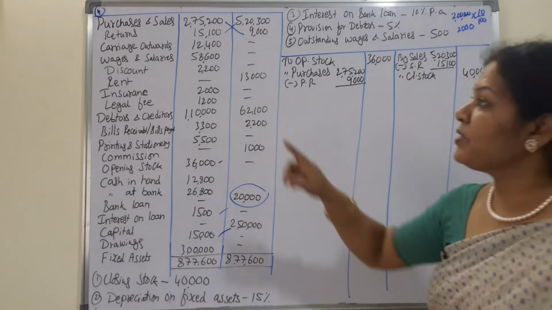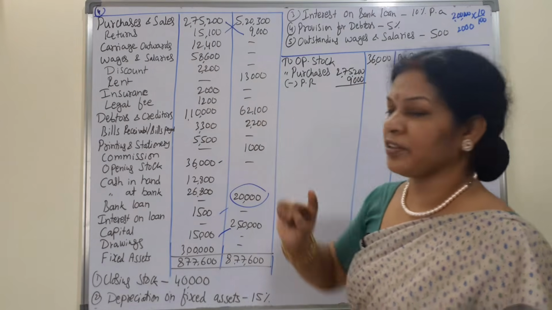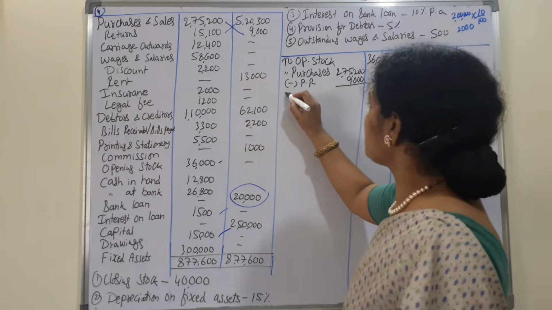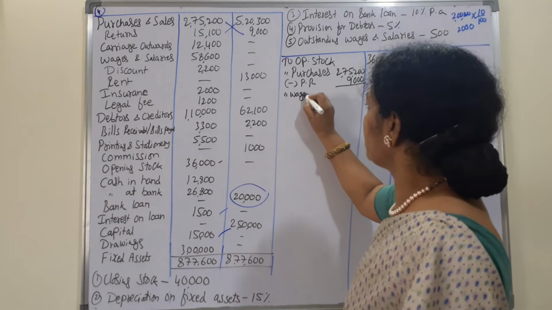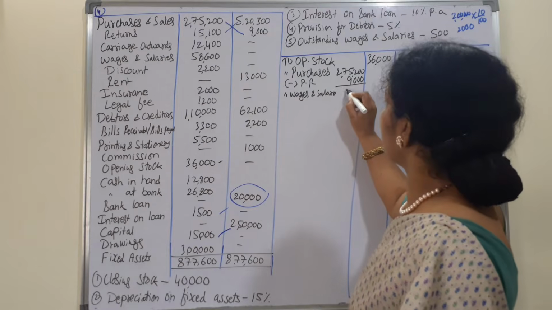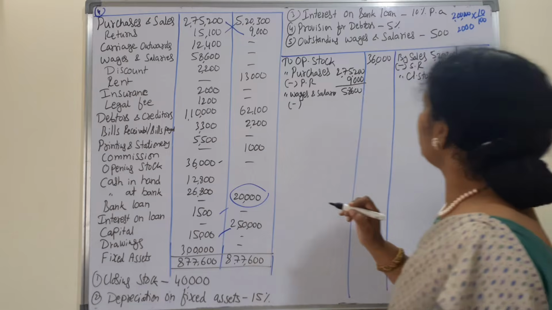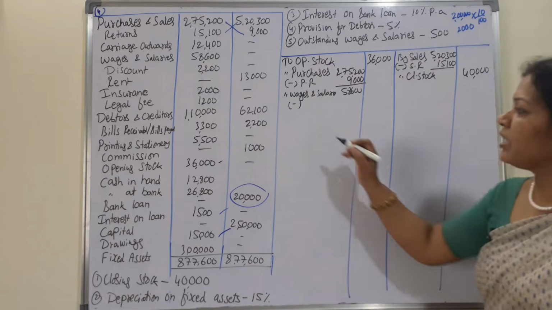We'll see the direct expenses: carriage outwards is indirect, wages and salaries are direct. There is an adjustment, so we'll write it in the inner column: wages and salaries 58,600. What is that? Outstanding means payable.